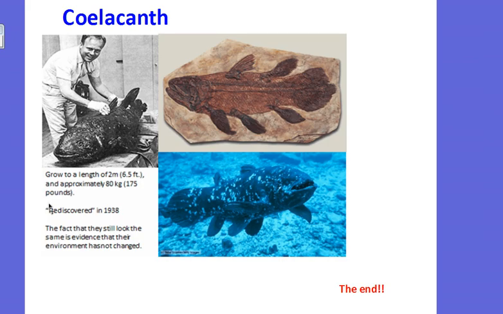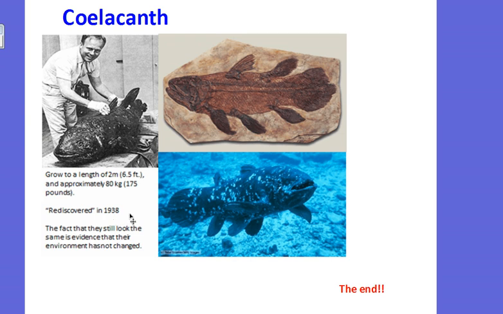And lastly, we talked a little bit about sometimes scientists think something is extinct, but it really isn't. So for a long time, scientists thought this fish, the coelacanth, was extinct. It's a deep water fish, and they hadn't seen it for a long time, so they declared it extinct. And then in 1938, it was rediscovered, quote unquote.